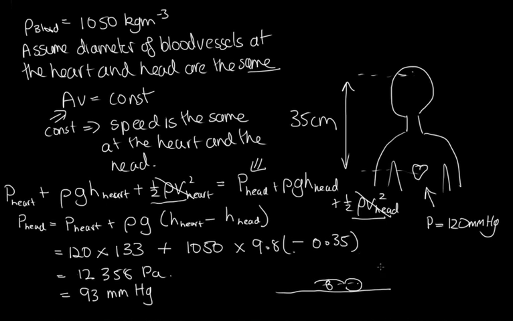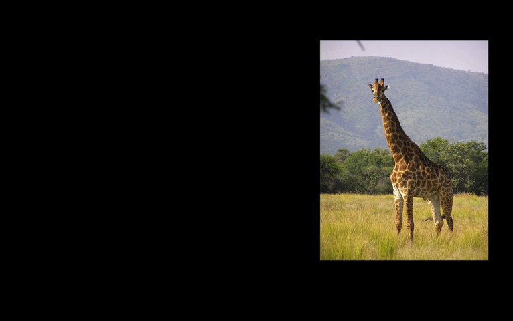And so rather than being at this decreased pressure of 93 millimeters of mercury, your head is now at the same pressure as your heart. And so that makes it easier for your heart to force the blood into your head, which is why we have evolved to faint.